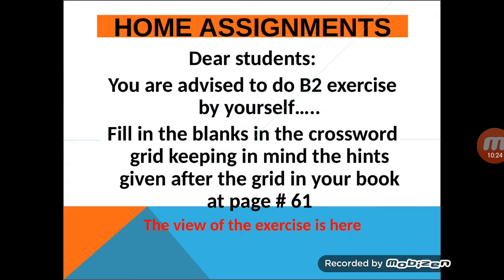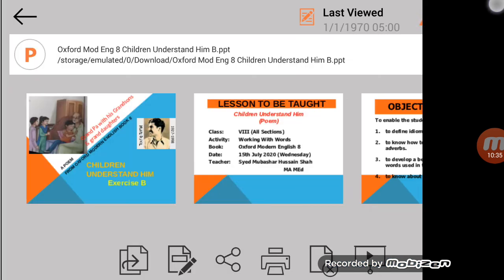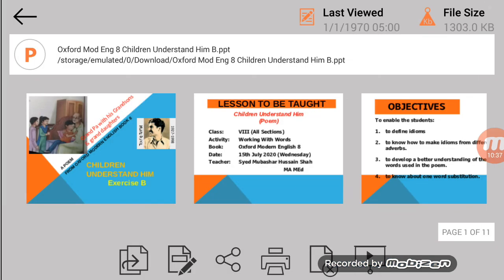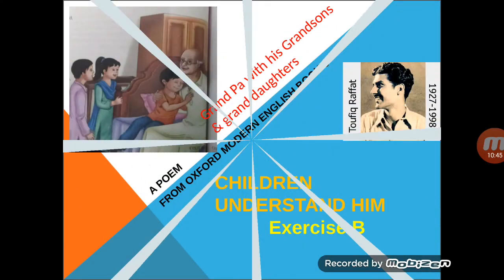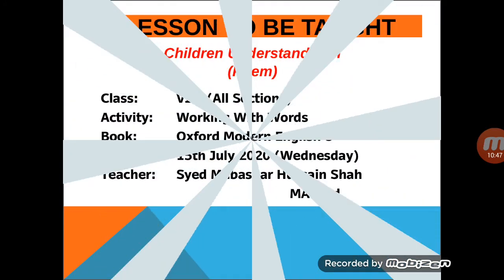Dear students, now we are moving towards home assignment, and you are advised to do the B2 exercise by yourself. This is a crossword, and you will have to fill it yourself.